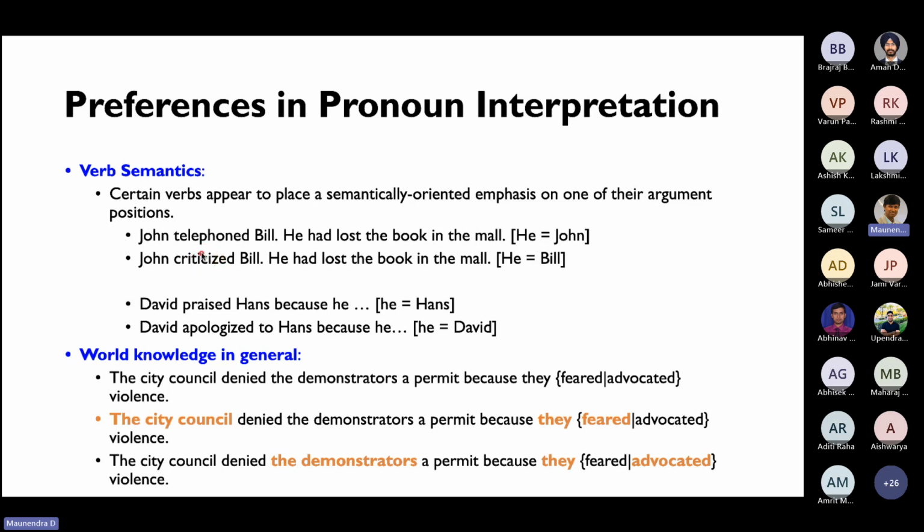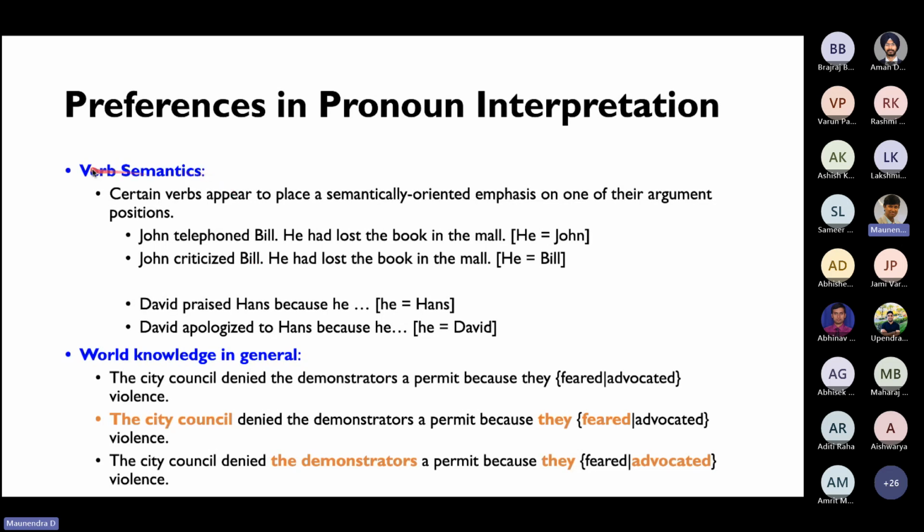Now the word criticized is a very strong word, and we know that criticism could be made if somebody is doing something which is not good or not right. Now he had lost the book in the mall. The word lost aligns with something which was unexpected. So that's why this he would possibly be attached with the word Bill.